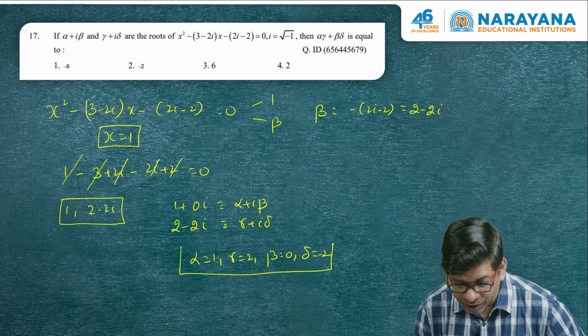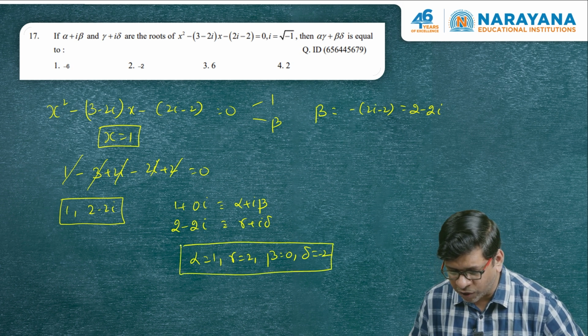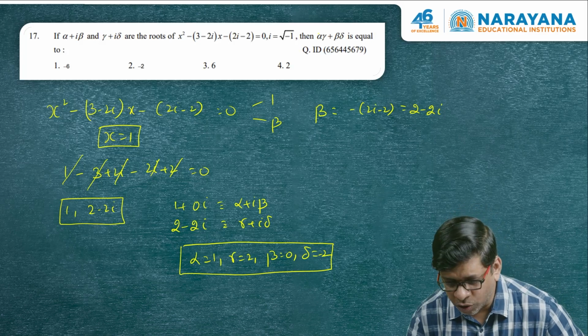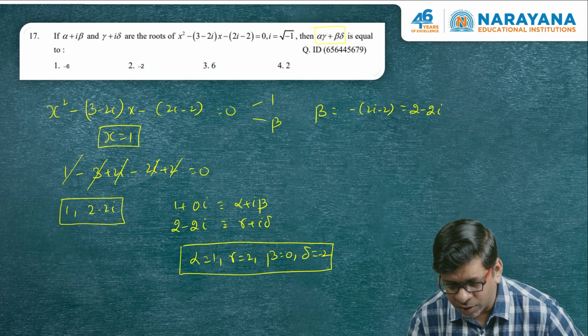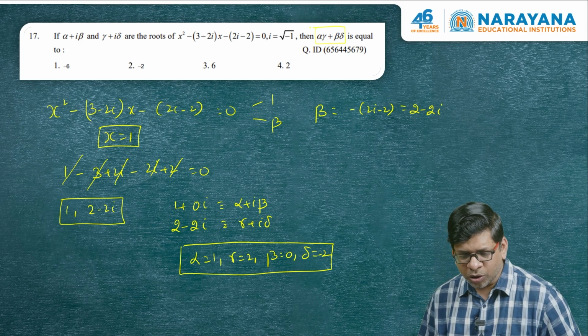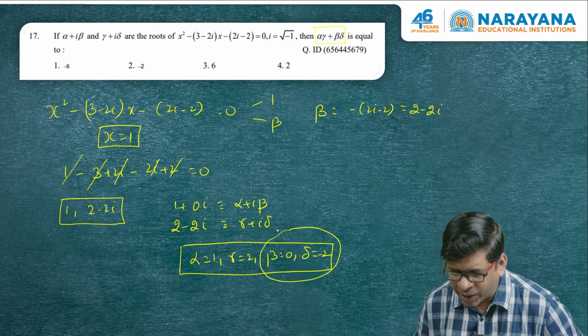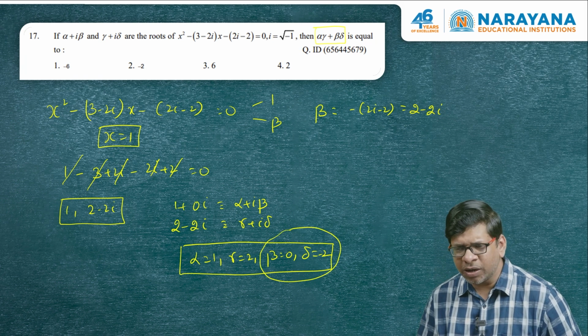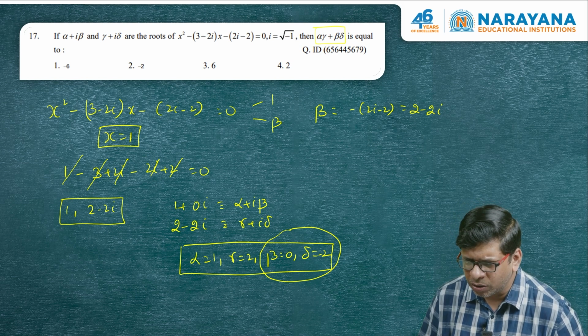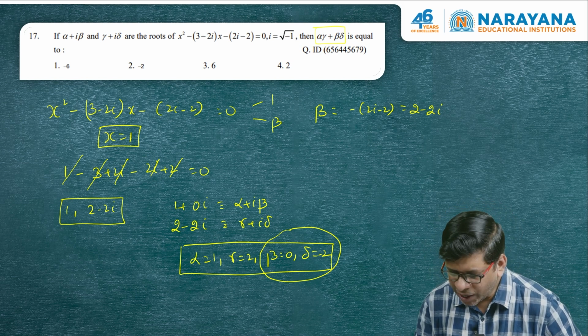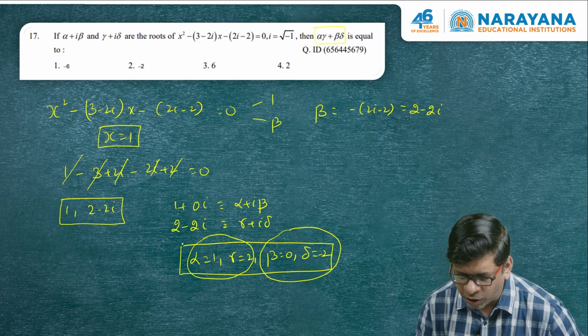So do we know the sequence, which one has to be taken for alpha and which one for gamma? No, because they are asking alpha gamma plus beta delta: product of real part plus product of imaginary part. Whatever you take, beta as 0 and delta as minus 2, or beta as minus 2 and delta as 0, the product is always 0. Similarly, the product for the real part will also not change.